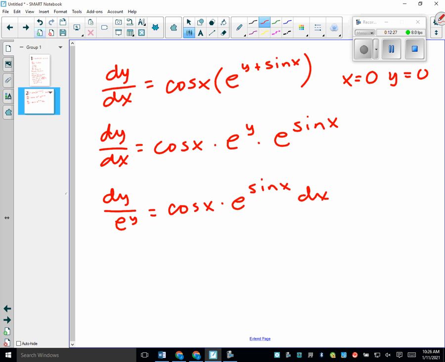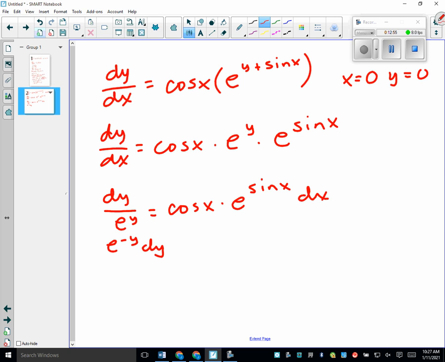Do you remember what the derivative of e to the x is? Oh, it's e to the x. Yes. So it's just e to the y. Wait. Is it e to the y on the bottom?